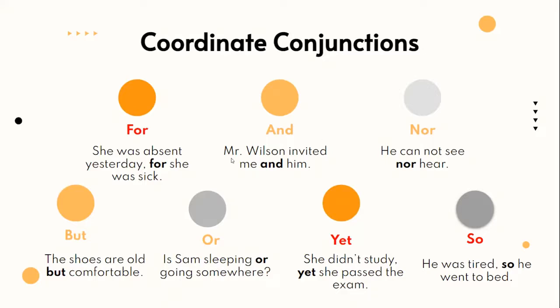So in this sentence, it means that Mr. Wilson did not just invite me, but also him. And these are the other coordinate conjunctions that you can use. So is there any question for now? Not yet, ma'am.